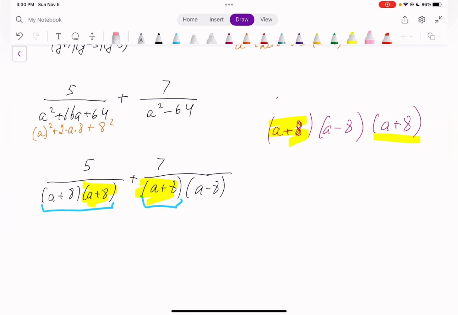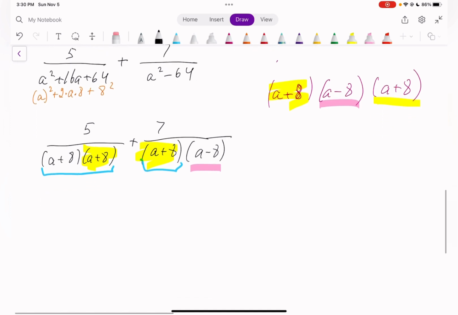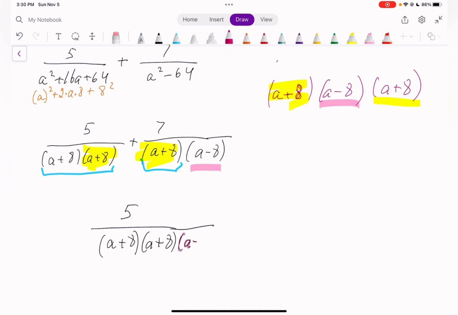And here we have a minus 8. All right, so 5 times a plus 8, a plus 8. We are missing what? A minus 8. Yes, plus 7, we have a plus 8, a minus 8. We are missing one more, a plus 8.